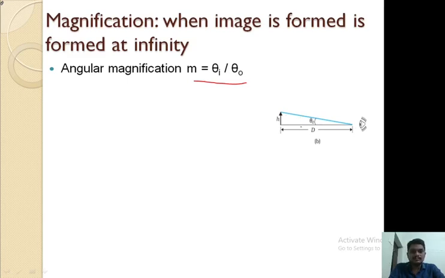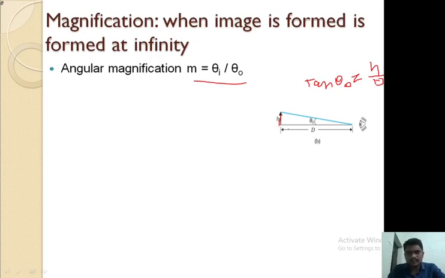So this is an object, a smaller object. By this triangle we can write tan theta naught equals opposite by adjacent, h by d. But this is a small object; the height h is very small.